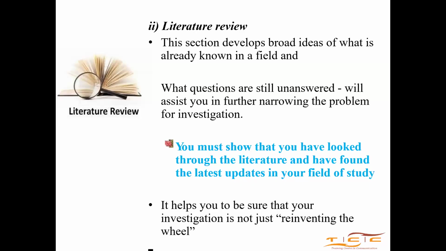I cannot tell you what amount of literature you need to review, but it has to be sufficient anyway. The literature review section is always guided by the objectives. So even when you are arranging your literature review section, make sure that it also follows the order in which your objectives appear.